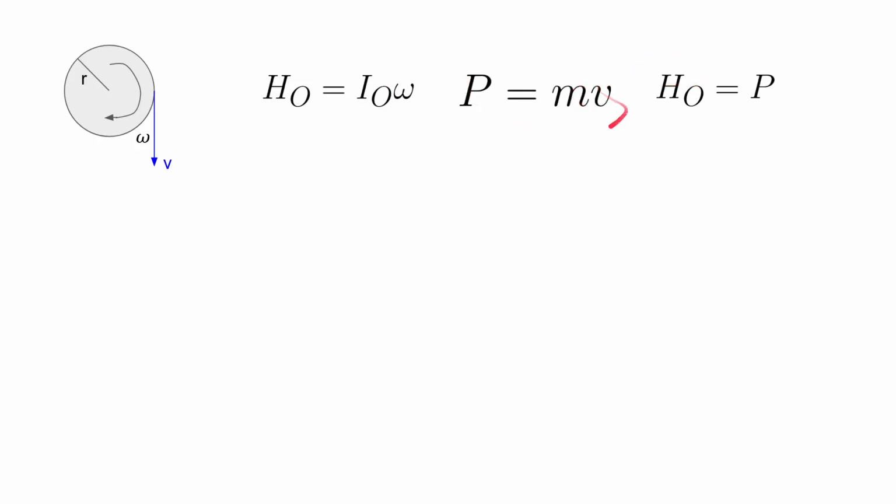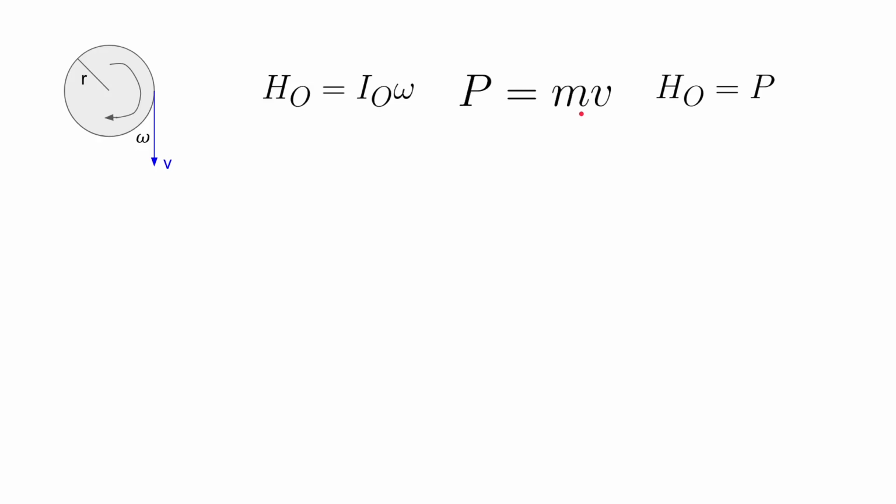Now, if this was to abide by the law of conservation of angular and linear momentum, we would find that it has an angular momentum equal to the mass moment of inertia times the angular velocity, which it does have. But then afterwards, the angular momentum would be equal to the linear momentum, which is just mass times velocity.